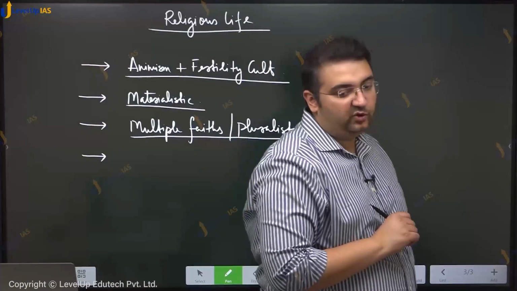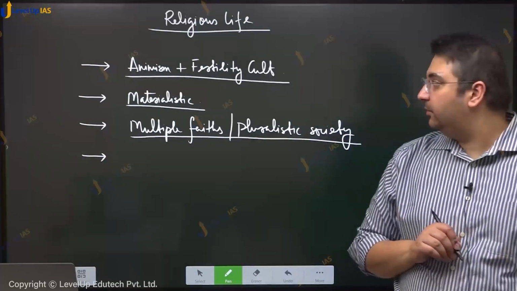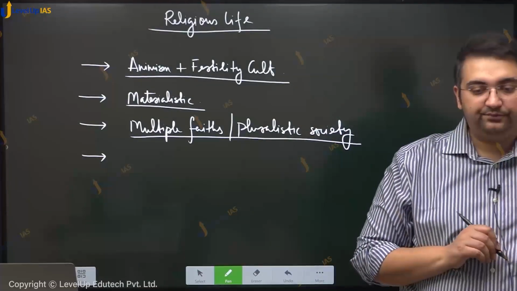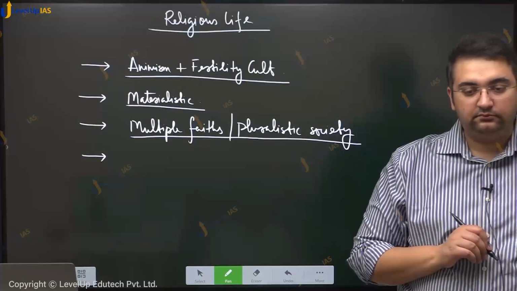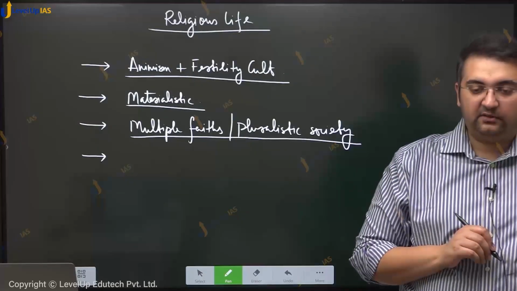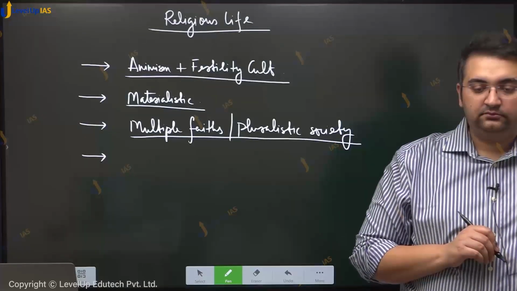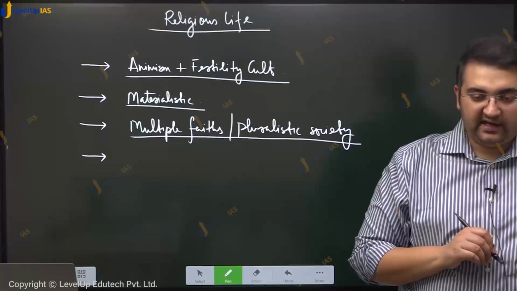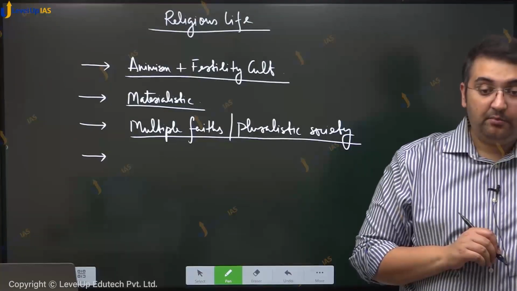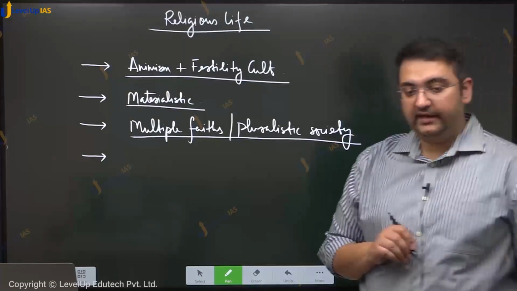Does religion seem to be a private affair or something which was observed publicly? It was a private affair. Why? Because from all these sites we have not found any public temples or shrines.